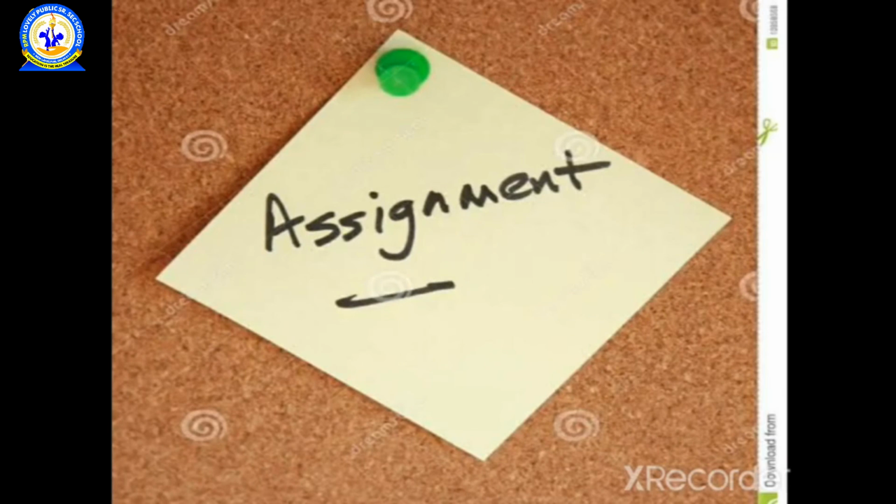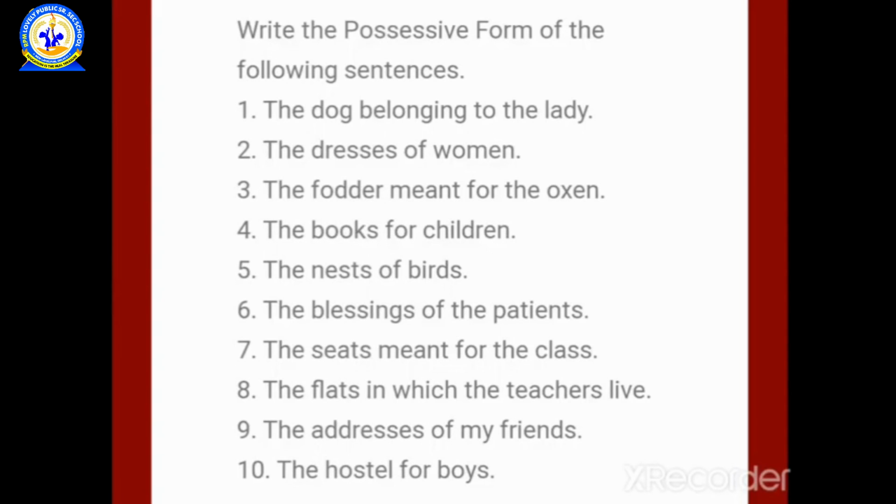Now students, it's time to assess yourself. Now in this assignment, you have to write the possessive form of the following sentences. The first is the dog belonging to a lady.